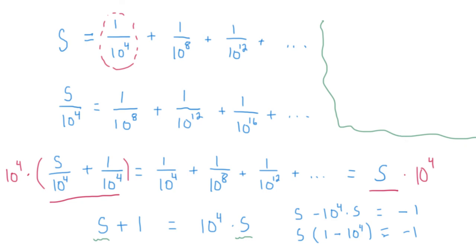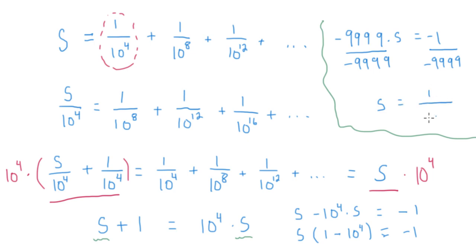So this is really just saying that negative 9,999 times s, which is this, is equal to -1. But I can just divide both sides by negative 9,999, and I actually get that s is 1 over 9,999.